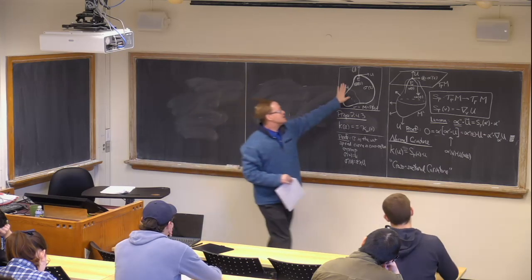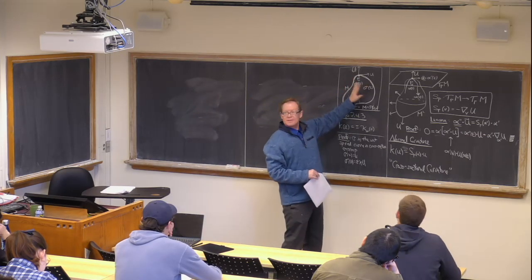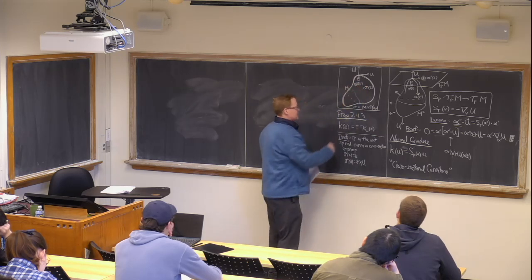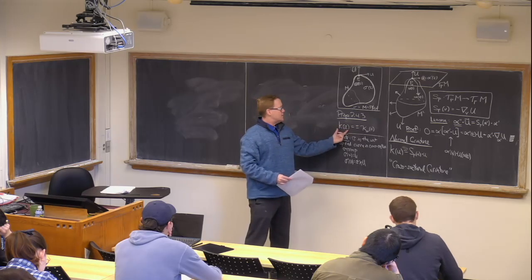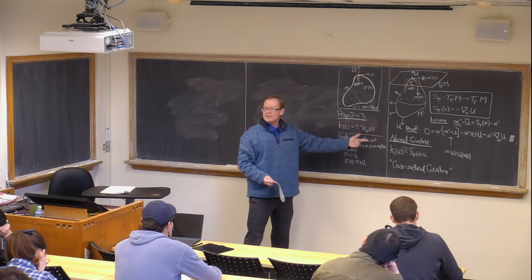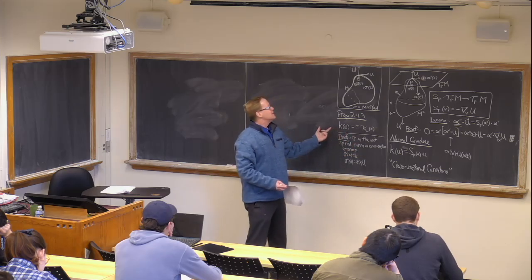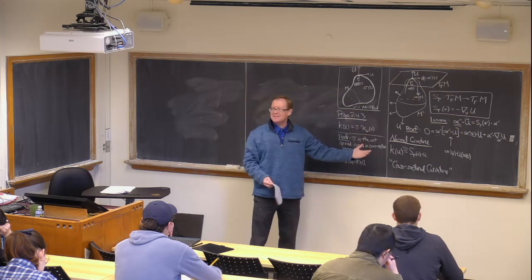So this cross-sectional plane is a circle of possible ones, right? And so what does this mean? What it means is that normal curvature could just as well be called cross-sectional curvature, because it's simply the curvature of the cross section.